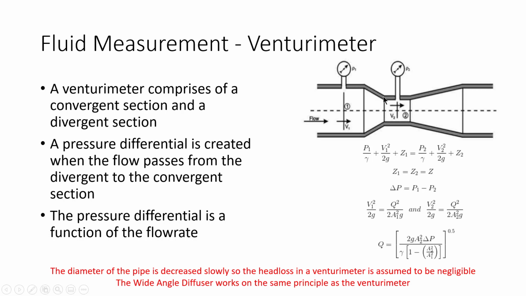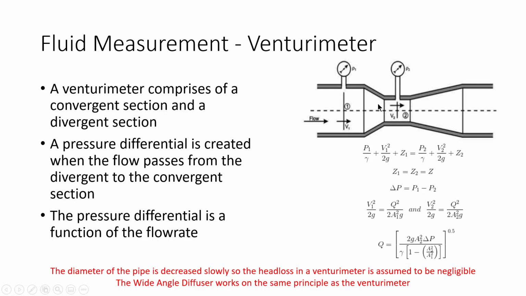You're making the flow converge down to a smaller cross-sectional area, and then you let it diverge back to its original diameter and original velocity. From conservation of mass, we know that if the flow rate is constant through this system, then this section has a larger cross-sectional area, so the velocity here is going to be smaller compared to section 2, where the velocity is much faster because of the smaller cross-sectional area.